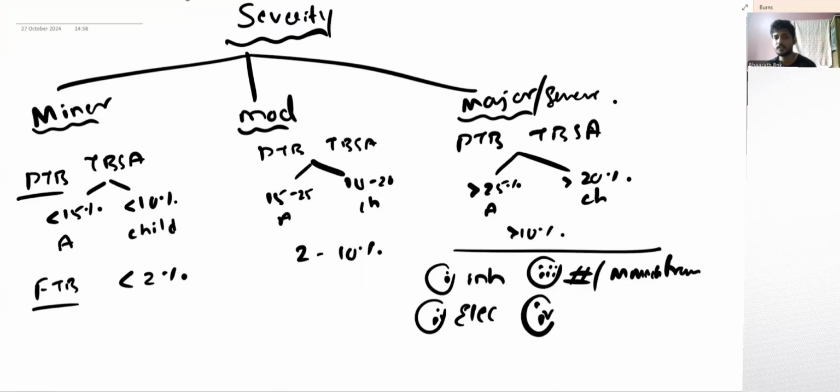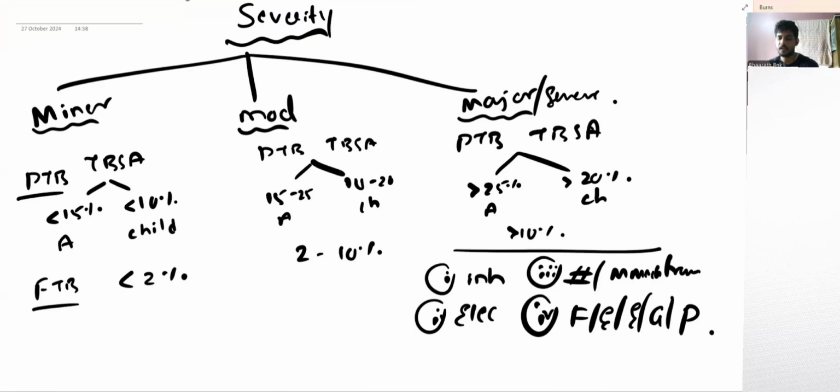And if there is any injury to the face, especially the eyes, the ears, genitalia, and the perineum. So if any of this is there, inhalational, electrical, burn with a fracture, or burn with major mechanical trauma, or any burn over the face, eyes, ears, genitalia, perineum, all these come under severe burns, irrespective of the total body surface area involved. So this is depending upon the severity. The first classification was based on the type and source of the burn.